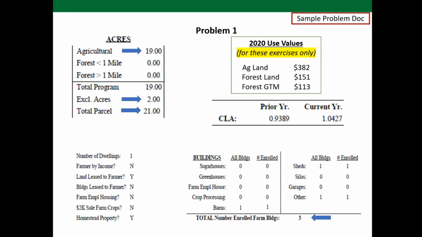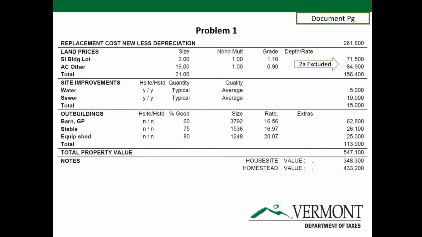For this problem, this taxpayer has enrolled 3 farm buildings. It is in fact a homestead property. And the CLA for that year for this town is 1.0427. So these are all of the pieces of information that we're going to need to work through this problem. All right, Christy?